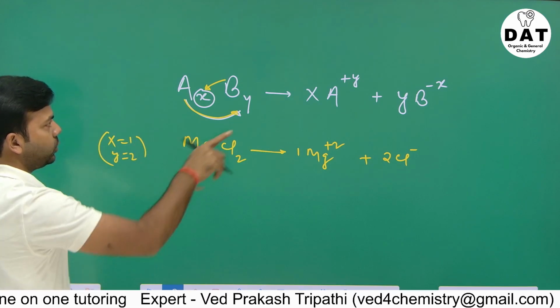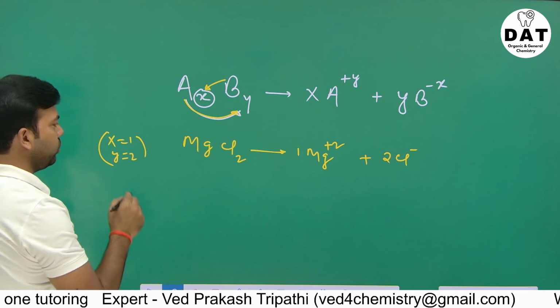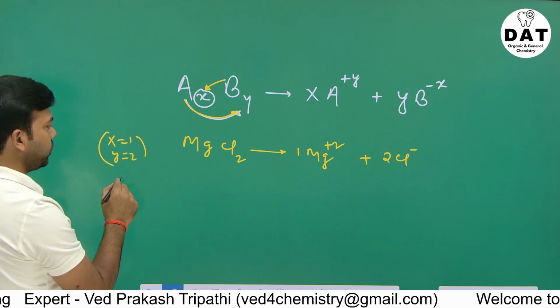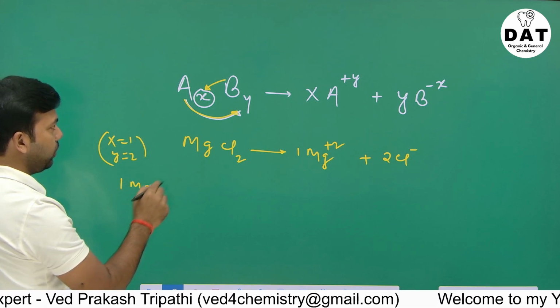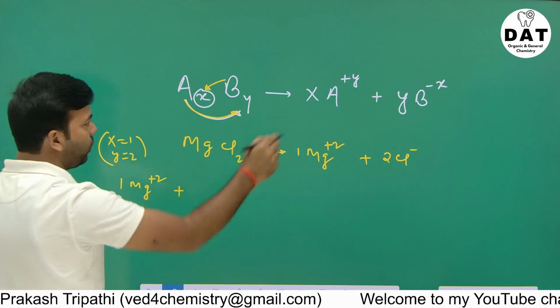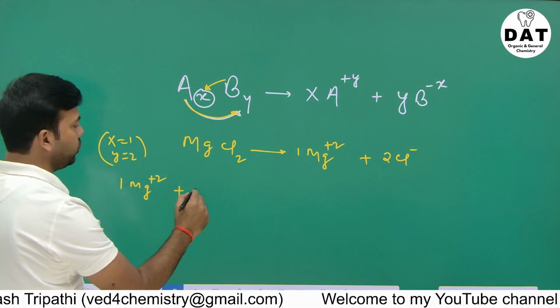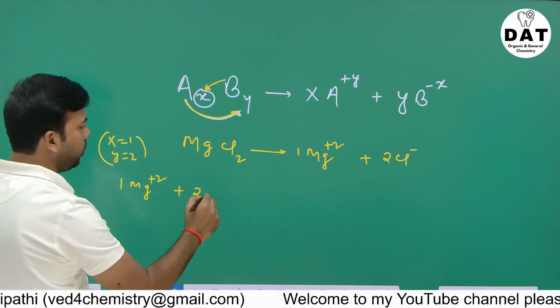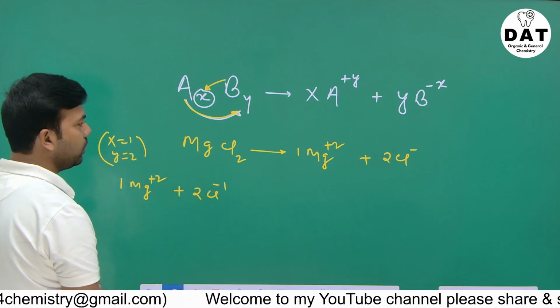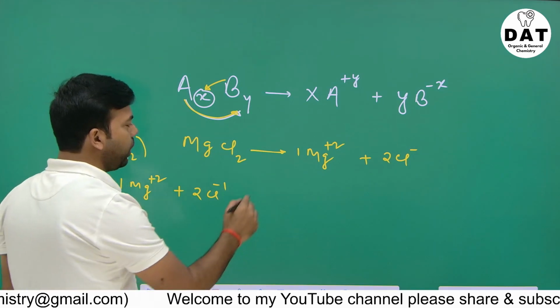Clear? So in this formula, if you are going to write down, you can see here xA^(+y). So x means 1 Mg, power is plus y, so 2+, and now look at yB^(-x). y is 2 and B is my chlorine, and here x value is what? Minus 1. Simple. Clear?